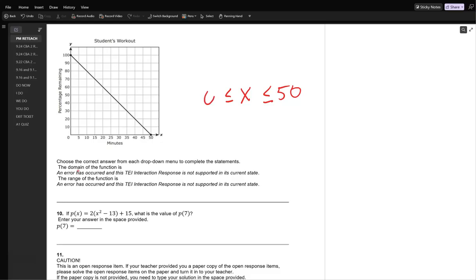Same thing here. Okay. As far as the range, which is in reference to our dependent variable y, we see that it's between 0 and 100. Same thing with the closed circles. Okay. So this is sufficient.